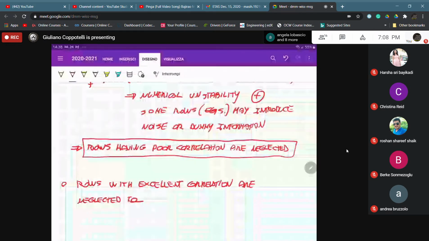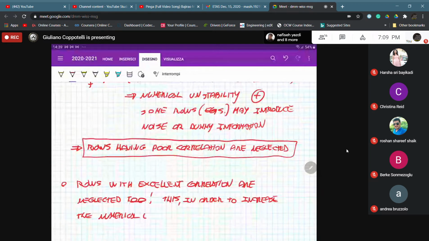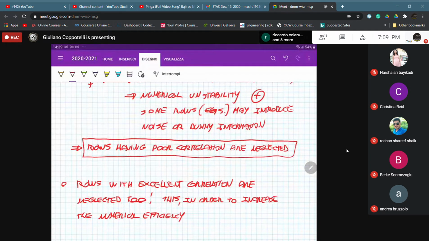Okay, this in order to increase the numerical efficiency, okay, of the algorithm that we consider.